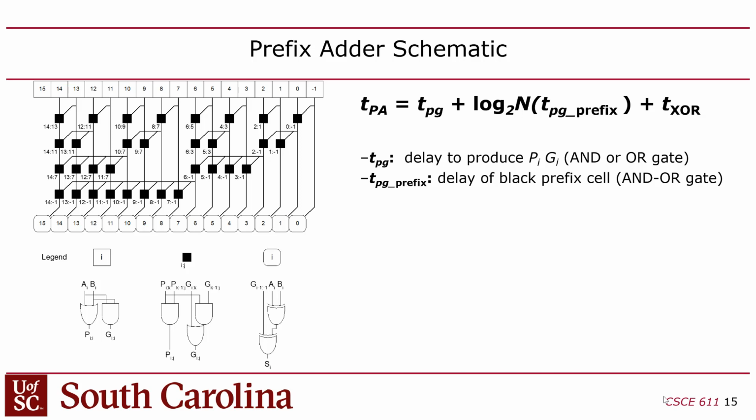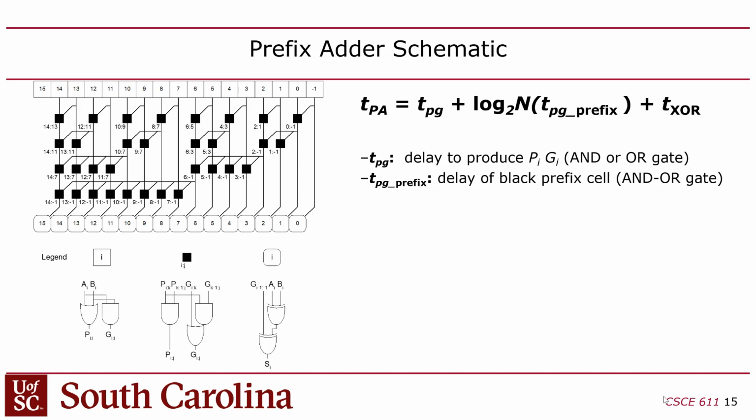Then you have log base 2 of n times the PG prefix delay, which is this. Because, you know, 16 bits, and you can see there's four layers of black boxes. The black boxes are the PG prefix, which is this, right?